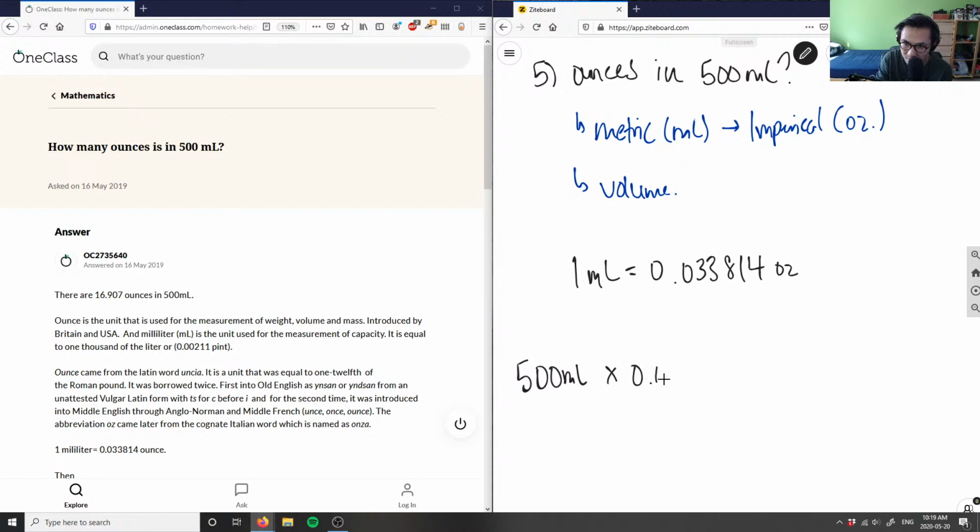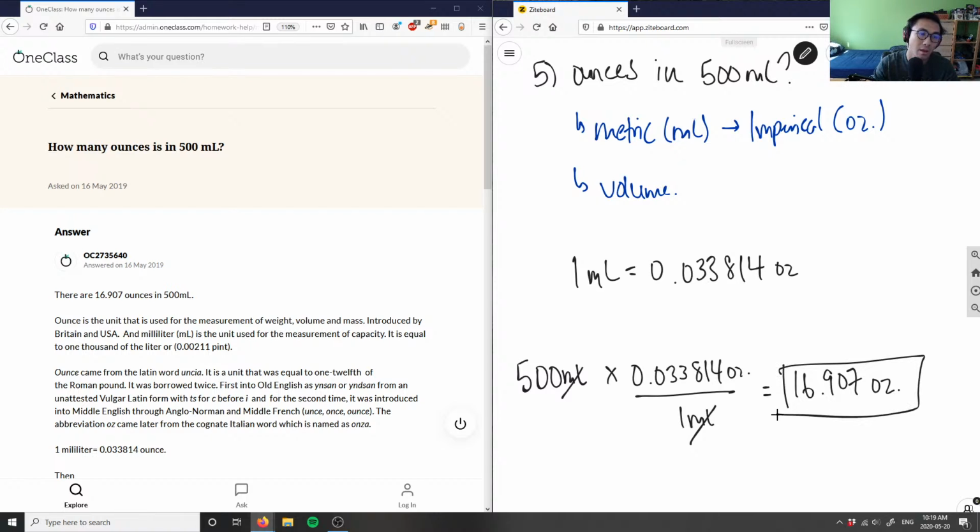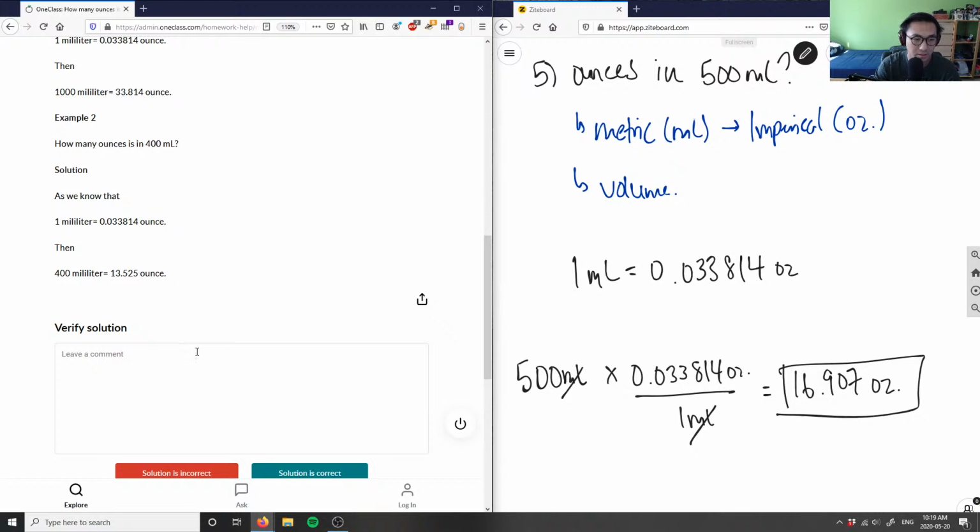So the milliliters cancel out, and it's simply 500 times this conversion factor of 0.033814 to get our answer, which is 16.907 ounces. And this here is our solution. As you can see, this solution is also correct because they said 16.907 ounces in 500 milliliters. So the solution is correct.